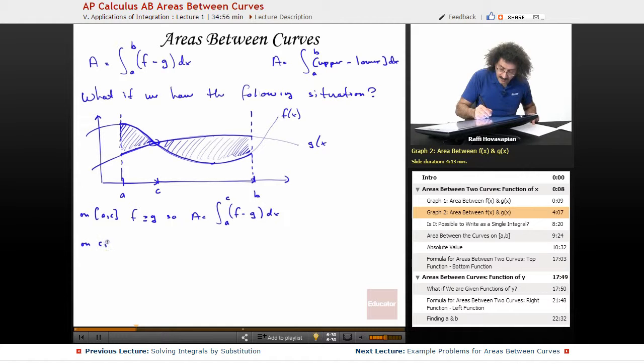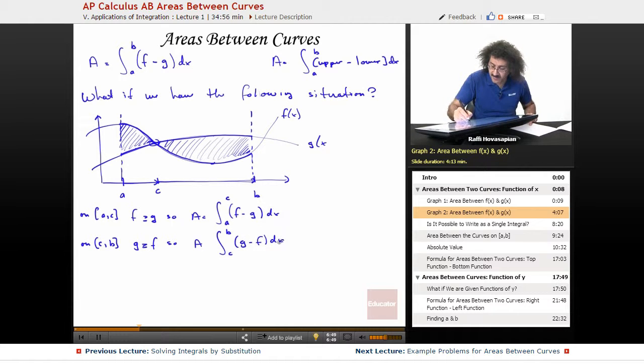Then from c to b, in this particular case, g is greater than or equal to f, so the area equals the integral from c to b of g minus f dx. That's it. Upper minus lower. That's all you really have to know.